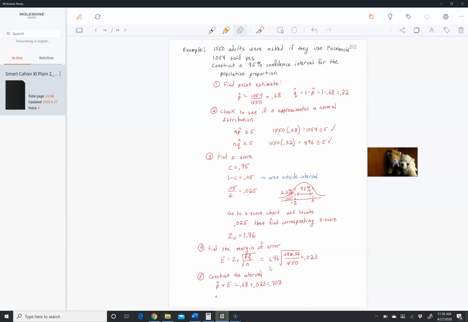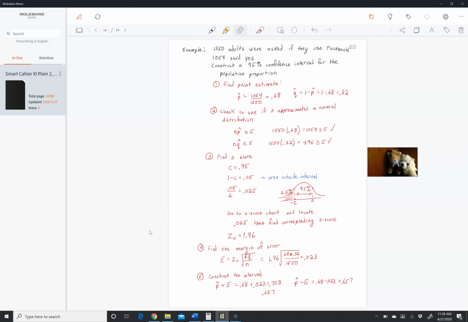And then we take p hat, and we subtract the margin of error, 0.023. That's 0.68 minus 0.023, which is 0.657.